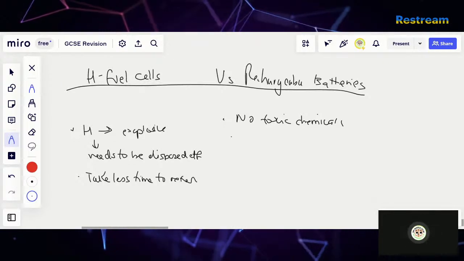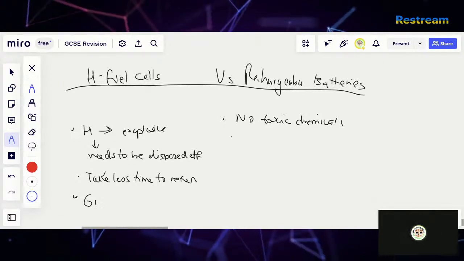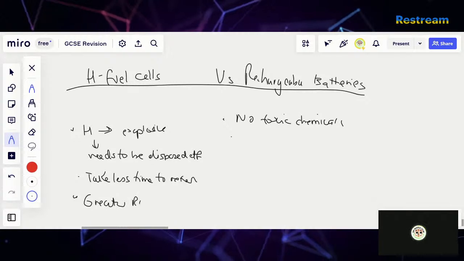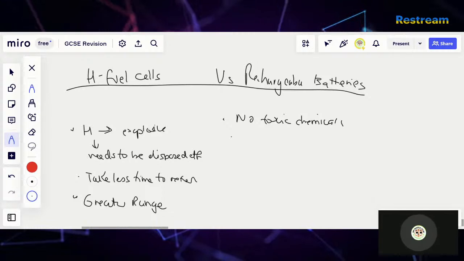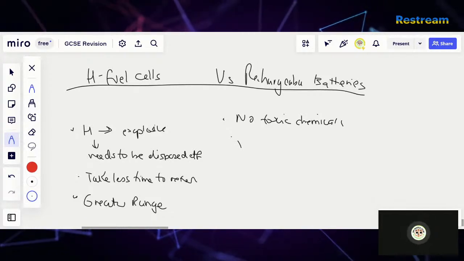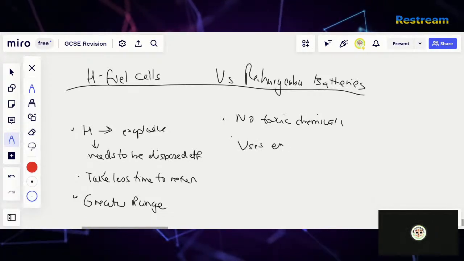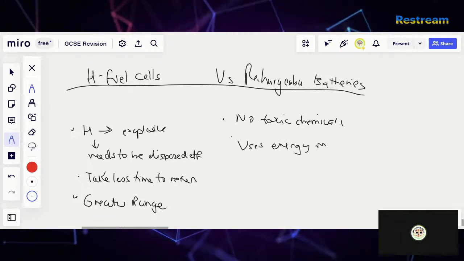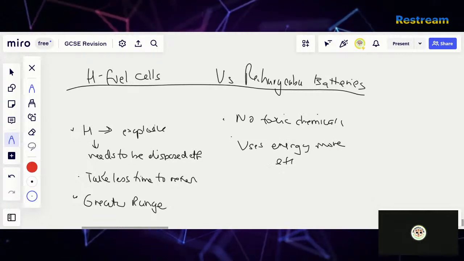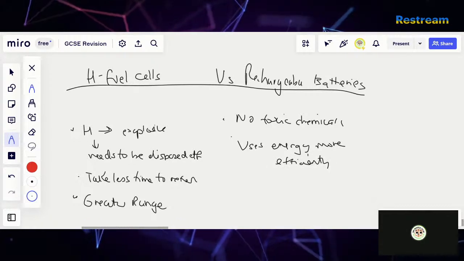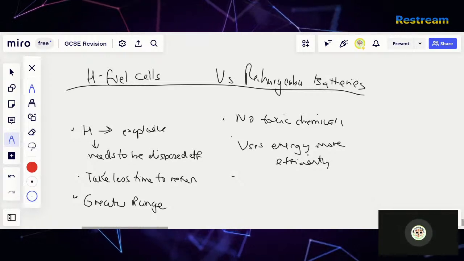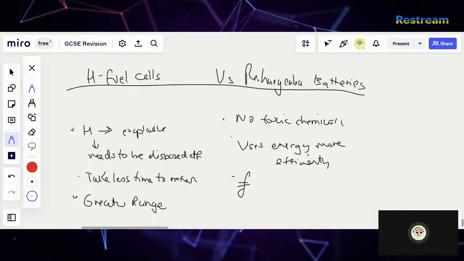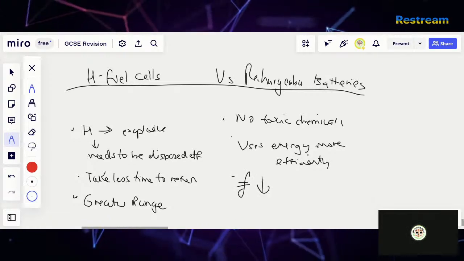And you can also say that a fuel cell has a greater range, which means it just produces a lot more energy in comparison to rechargeable batteries. However, rechargeable batteries actually use energy more efficiently. And another good thing about rechargeable batteries is that the cost of recharging them is much less than refueling them. So the costs are much cheaper overall.